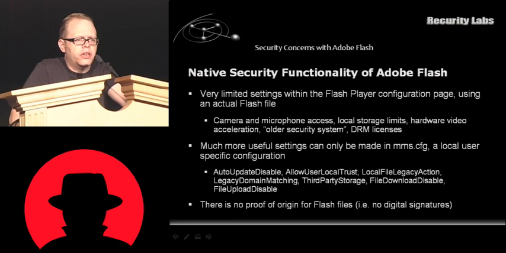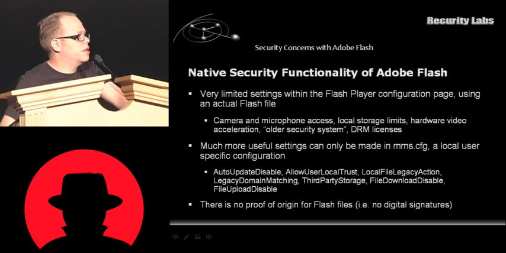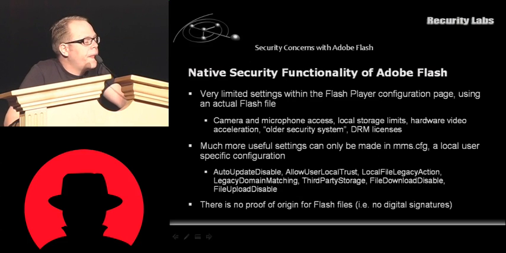So you can turn on and off access to your camera or your microphone and stuff, but it's very, very limited. There are a lot more settings that you can do in a not very well known configuration file called mms.cfg, very obvious name, where you can actually prohibit uploading files or downloading files via Flash and stuff.